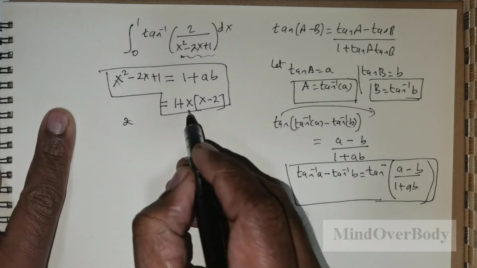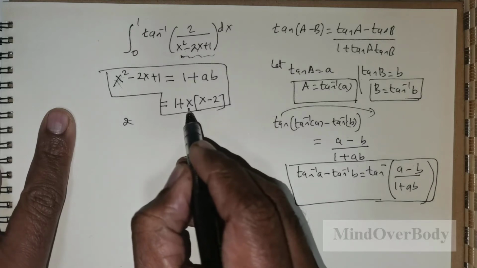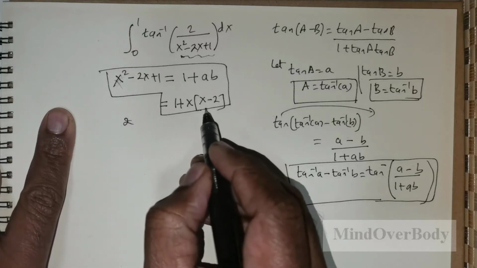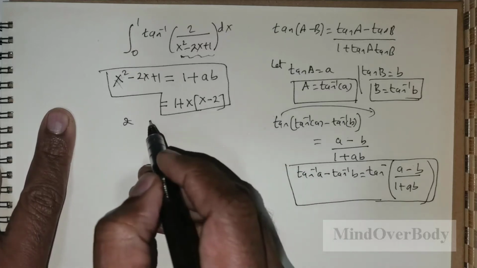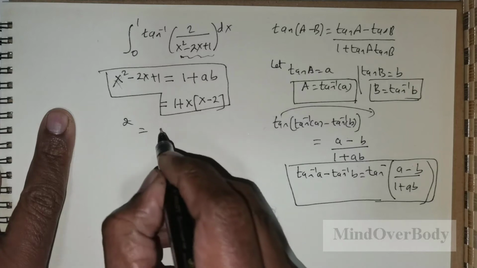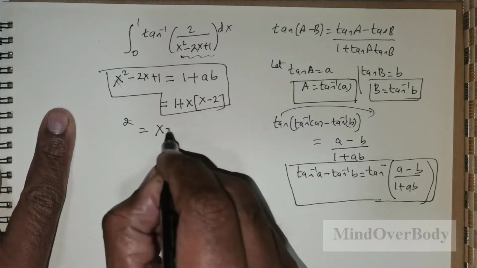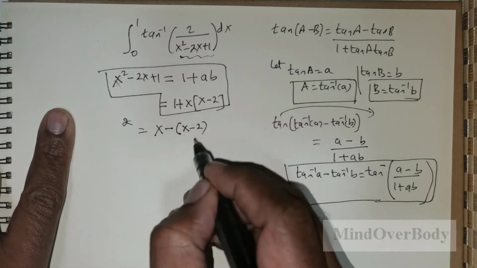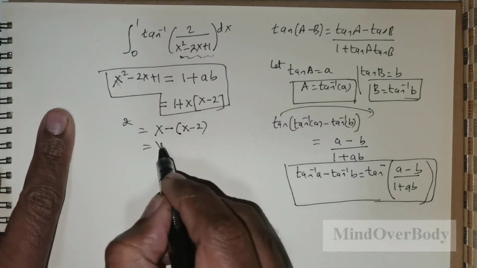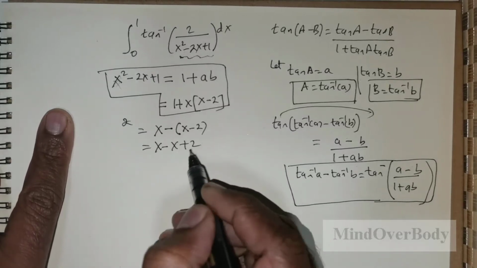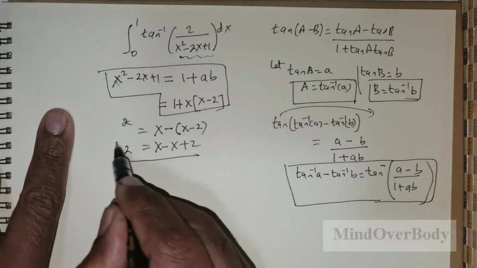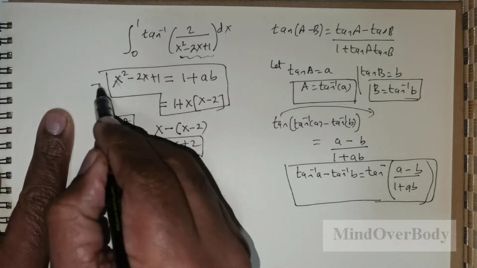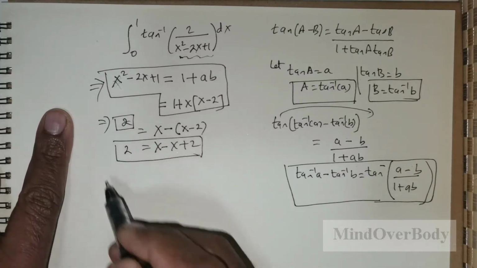If I take x to be a and x negative 2 to be b, then the numerator 2 is equal to x negative (x negative 2). Clearly this is equal to x negative x positive 2. So therefore 2 is equal to 2. So I have fixed my numerator and I have also fixed my denominator.